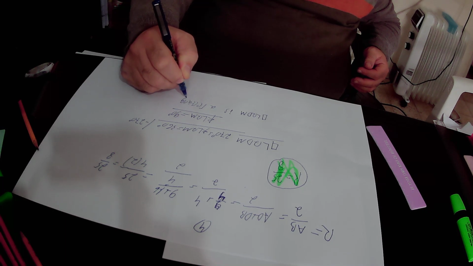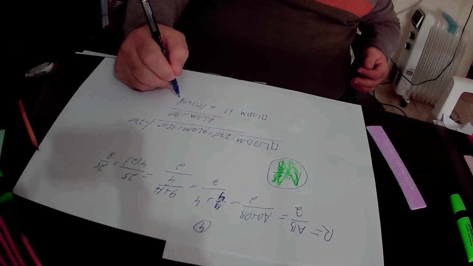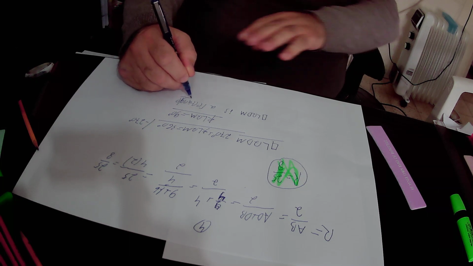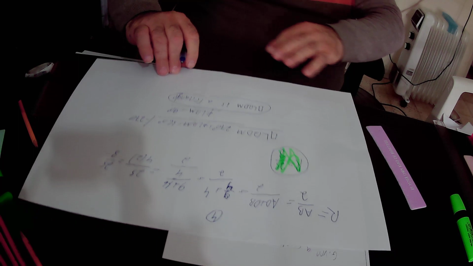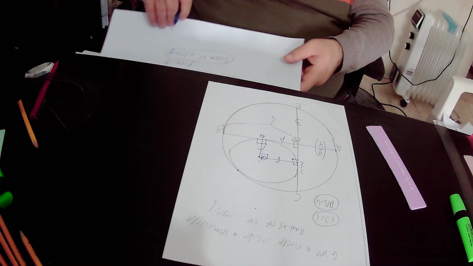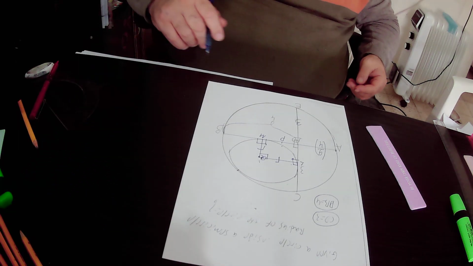Quadrilateral LQDM is a rectangle because it has 4 right angles. And we know that the opposite sides of a rectangle are equal to each other.